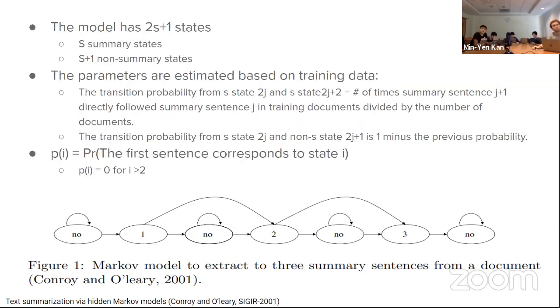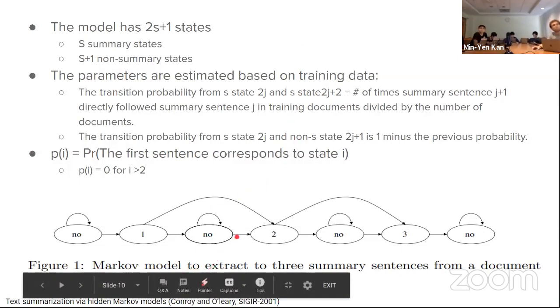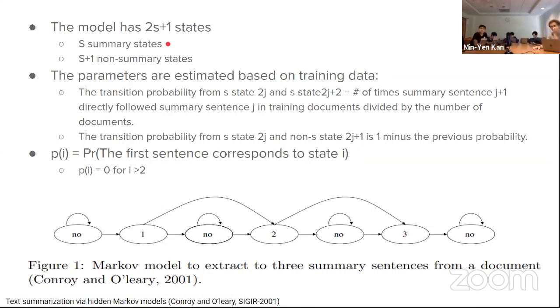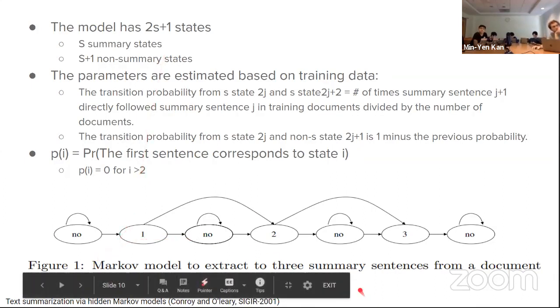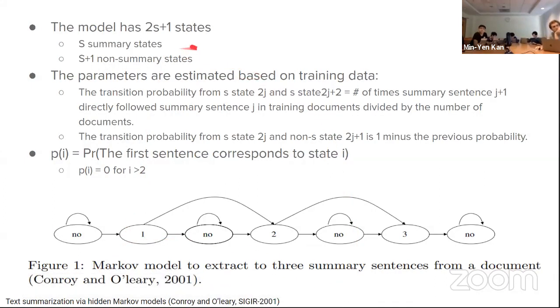What they did was quite simple, but again, it was in the 2000s. For each sentence, their model has 2s plus 1 states, where s denotes the number of summary states and the one is the non-summary state.